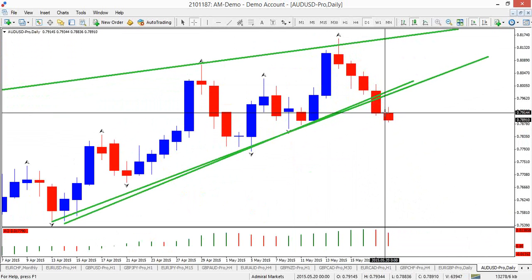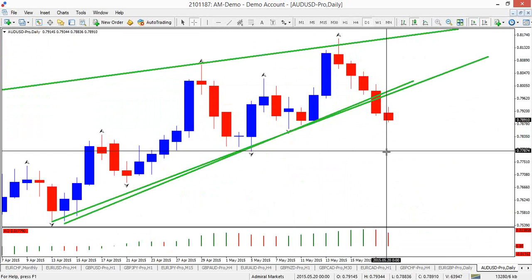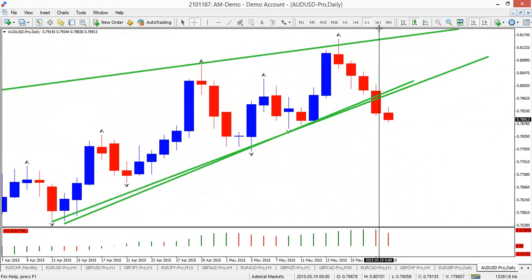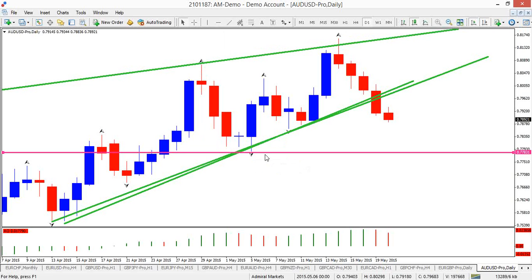Let's see. So the next support level is somewhere 77.50, 78 here, probably. So we have some more space for downside.